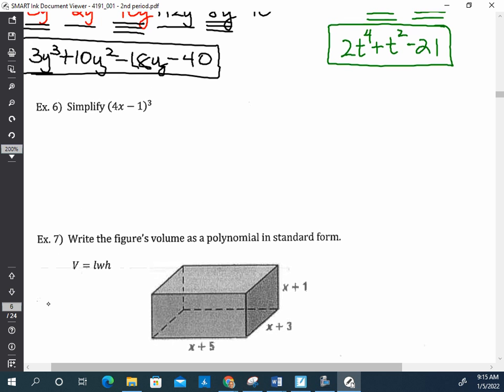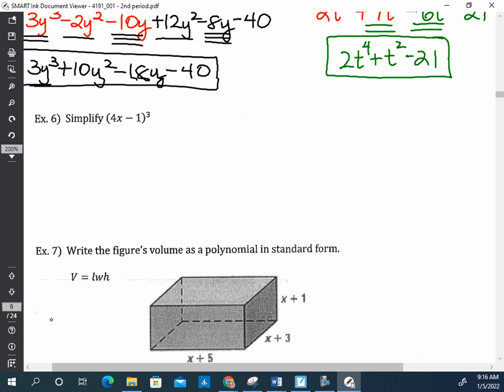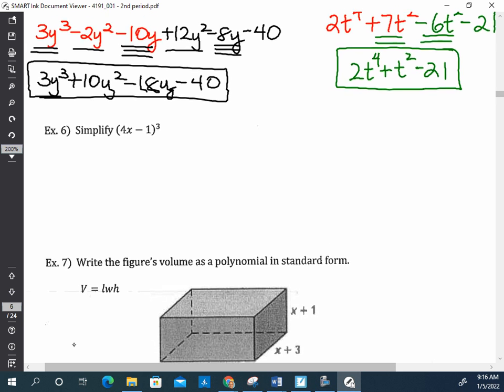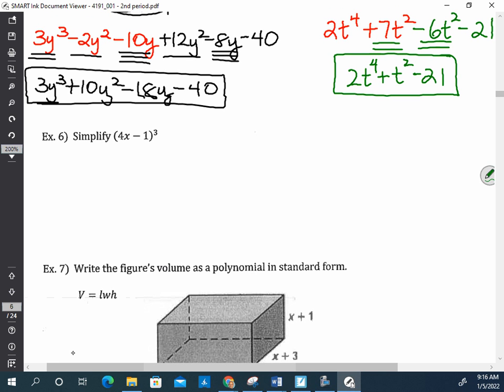So, example 6. You have 4x minus 1 raised to the third power. I'm going to show you the wrong way to do this problem. 4x minus 1 to the third. I'm going to take 4x and raise it to the third power, and 1 and raise it to the third power.